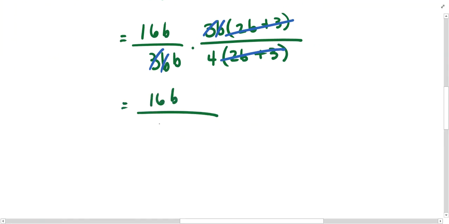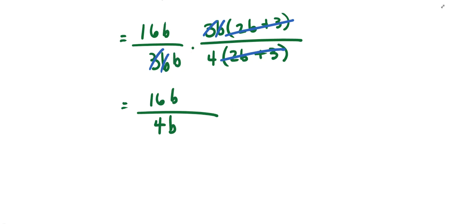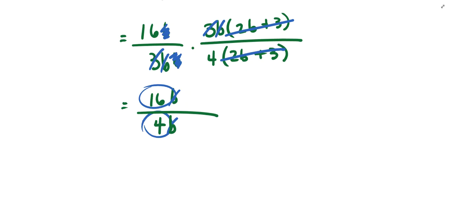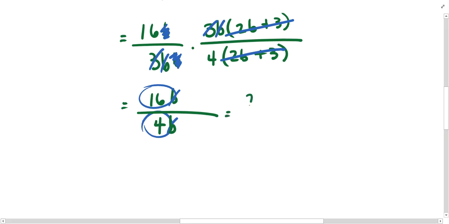16b divided by 4b. And I didn't catch this just a moment ago, so I'll go ahead and factor this now. This pair of b's can be eliminated. I could have eliminated them back here as well. I just missed it in the last step. But now I also see that 16 and 4 could actually be factored as well. 16, if you recall, is the product of 4 2's, and 4 is the product of 2 2's.